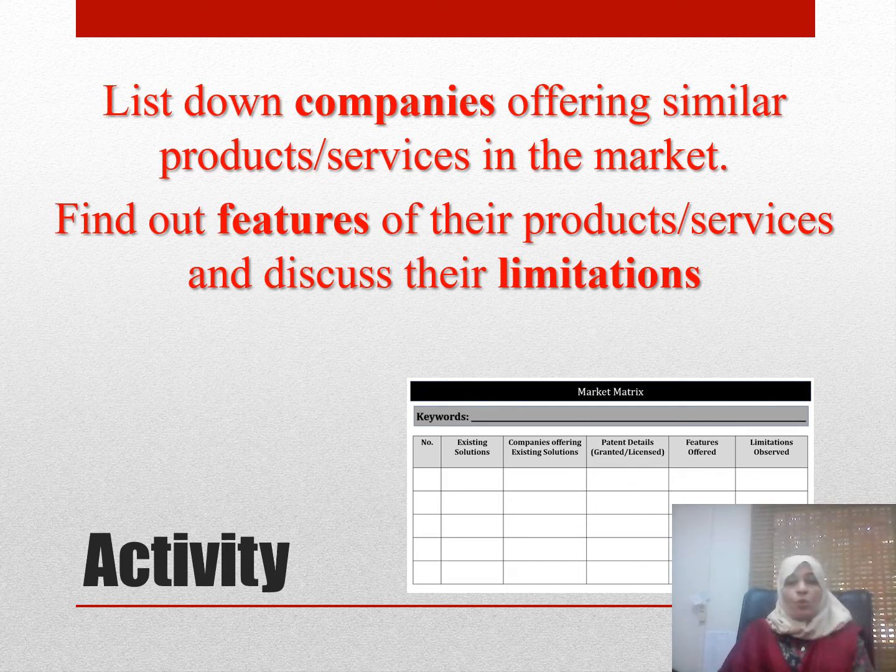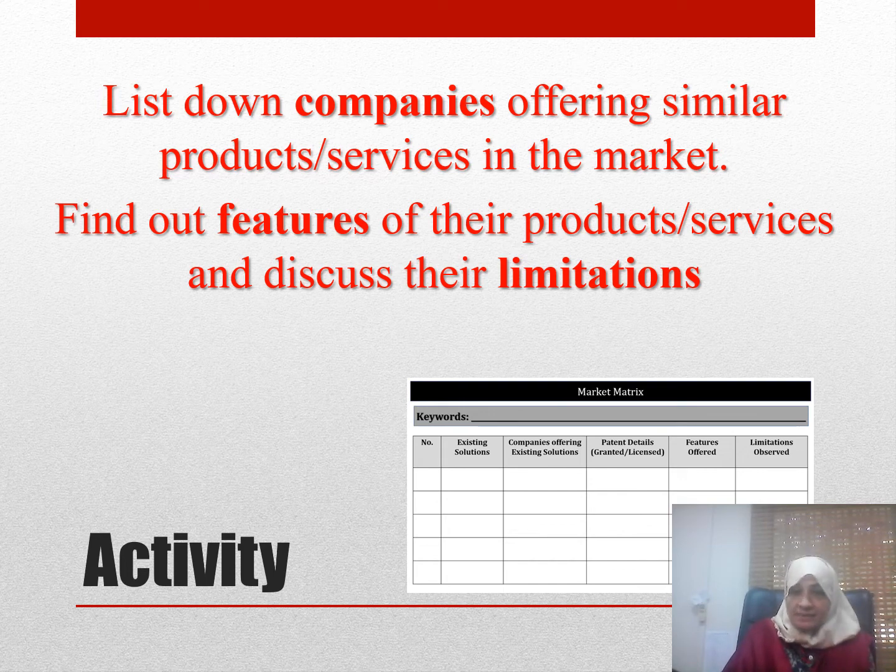So starting with the questions of the existing solution component, giving it the support of checklist number 3, and then using this hands-on activity in the form of a market matrix, would help you to consolidate all the information that we have been talking about. What will be the sources of information from where you can gather this information, which we have also learned?